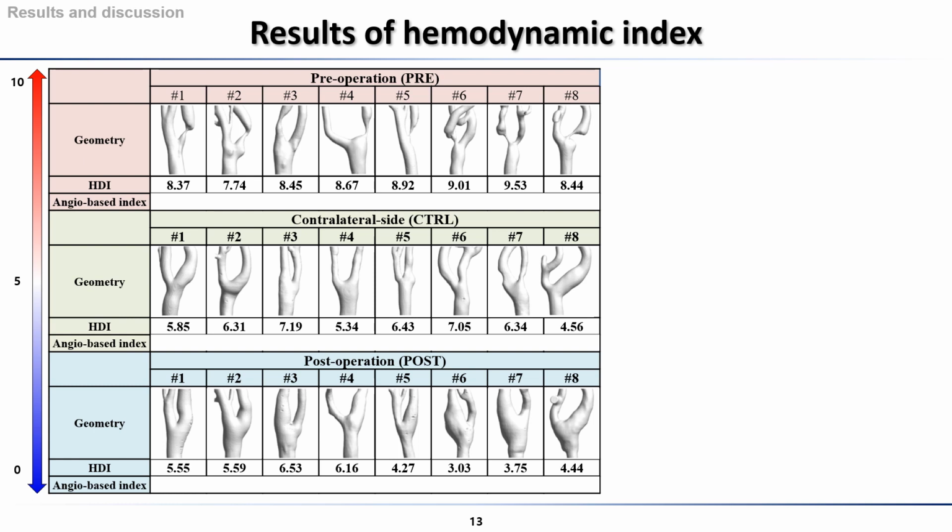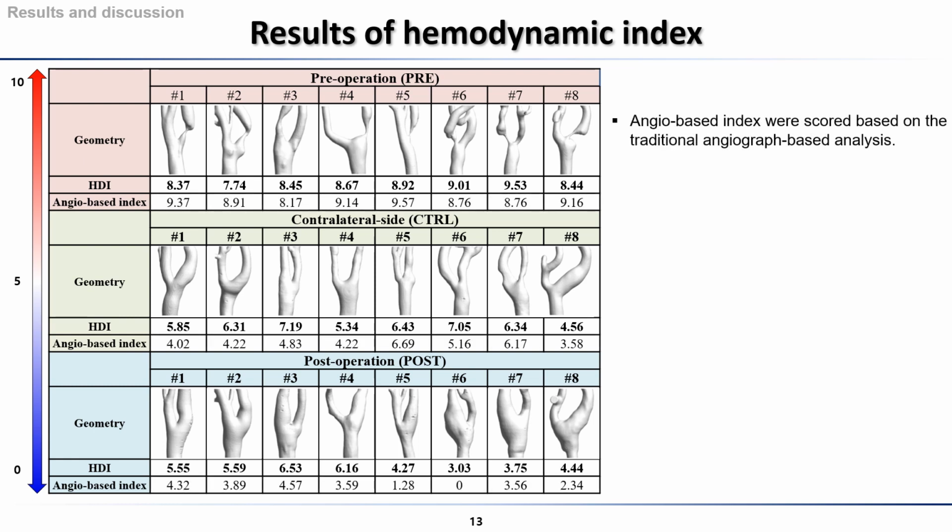If the HDI is close to 10, it means it is more likely to develop problems with severe stenosis. And conversely, if the HDI is close to 0, it means that there is a high possibility of problems caused by overextension.